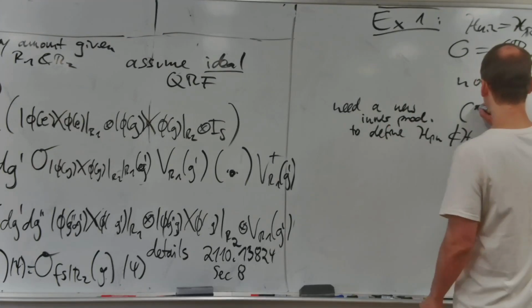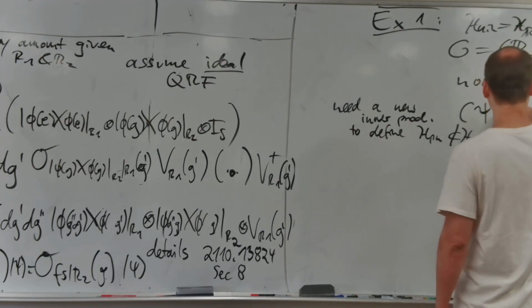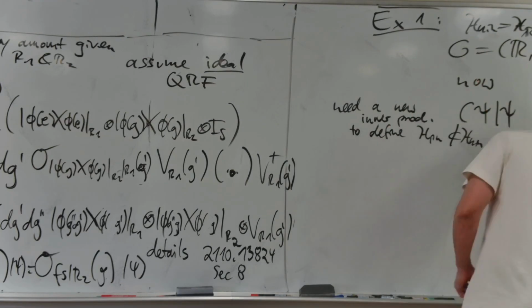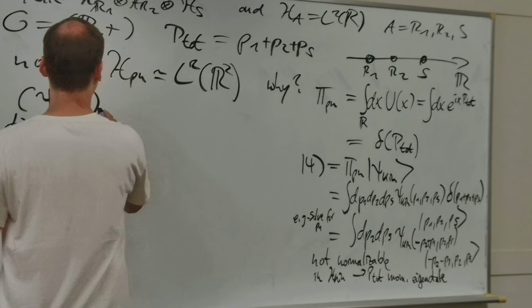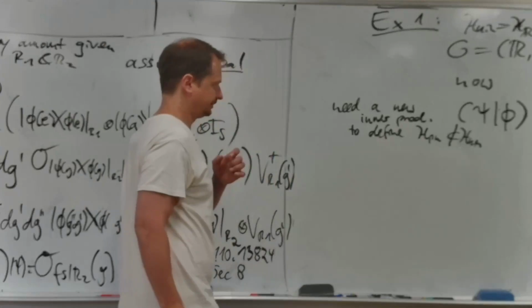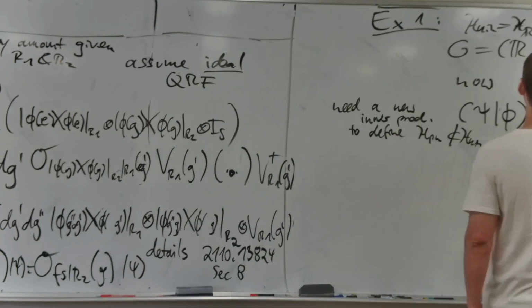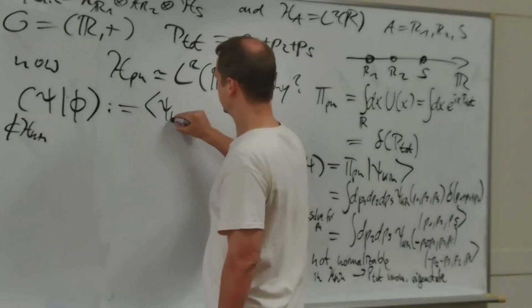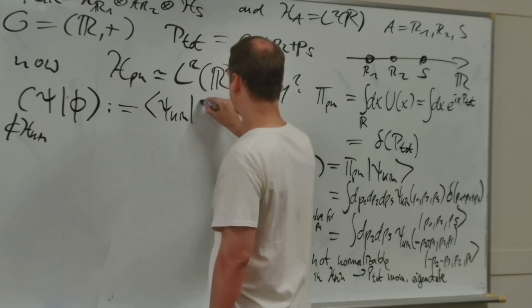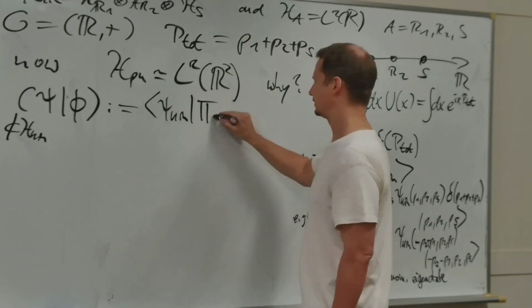The way you can do this is to describe it like this. You will basically take the matrix element of this pi_PN.